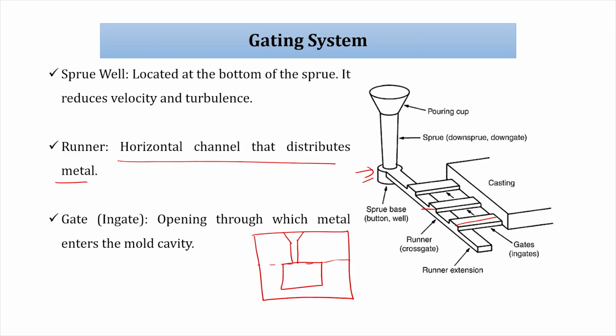This can happen in lots of castings. So, runner and ingate can be replaced by a direct sprue without runners, like another one I can show. Here there is a runner, but there is no gate or ingate. So, without that also we can do casting.